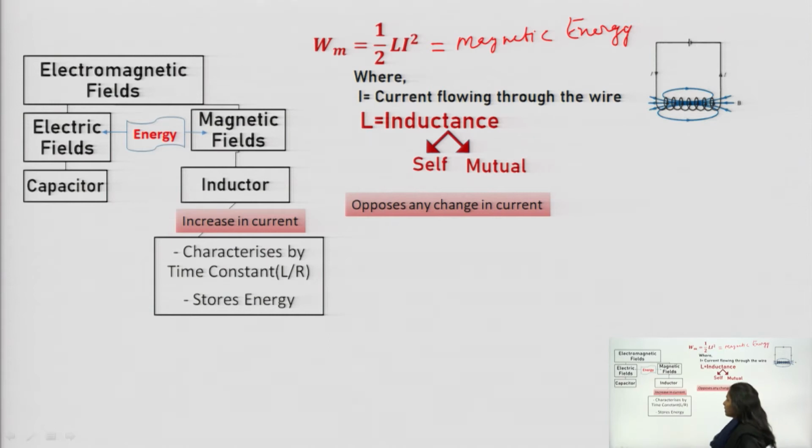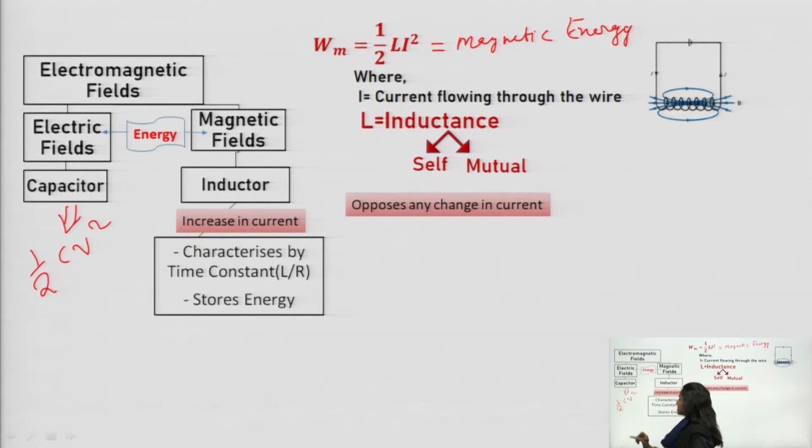Similarly, the electrostatic energy which is stored in a capacitor can be mathematically expressed as half Cv square, where C is the capacitor and V is the potential difference between the plates of the capacitor.